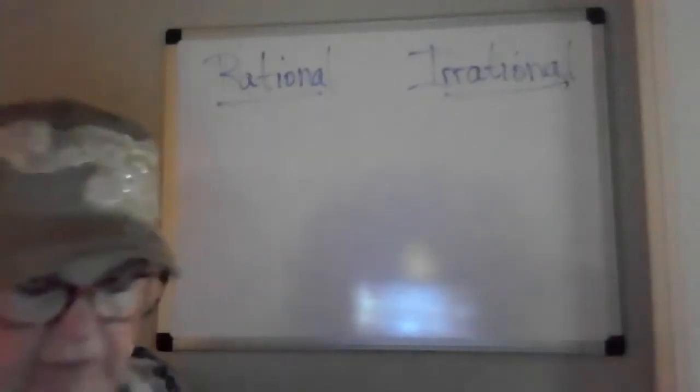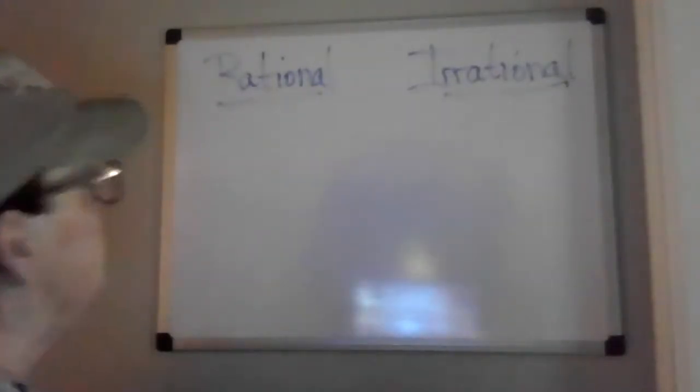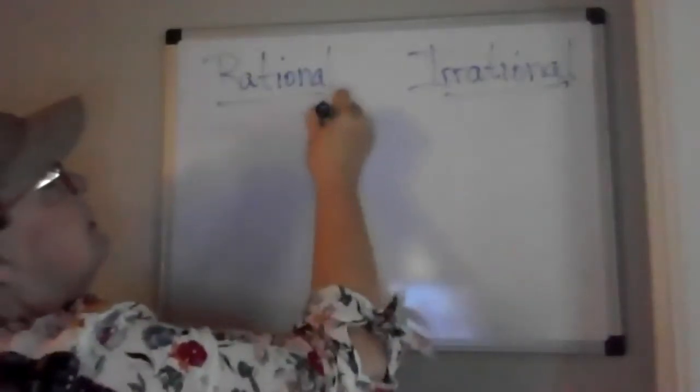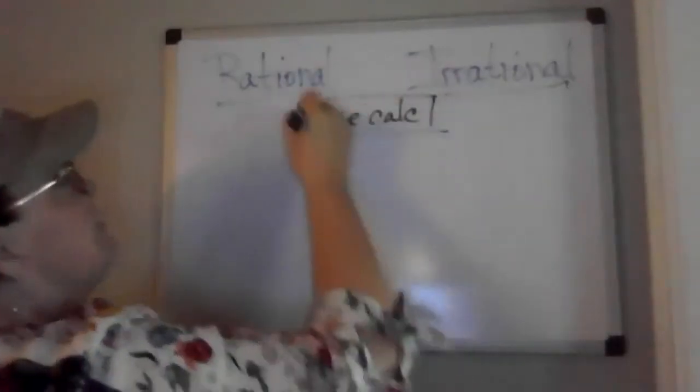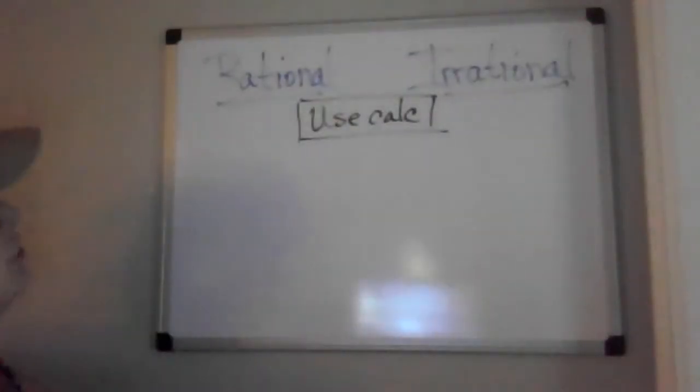I had such a hard time with these, and then I finally figured out, if you'll use your calculator... Oh dear, I'm going to have to get some more markers. I hope you can see that. Okay, you're going to use your calculator.